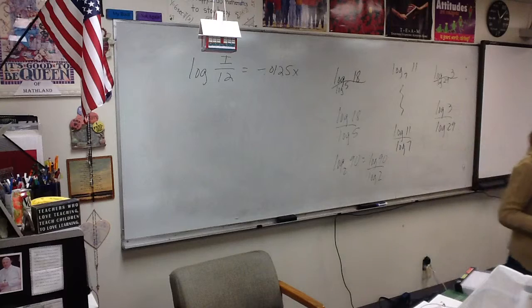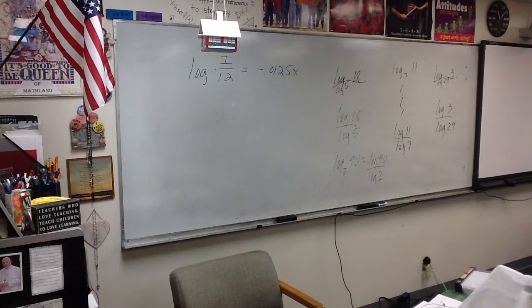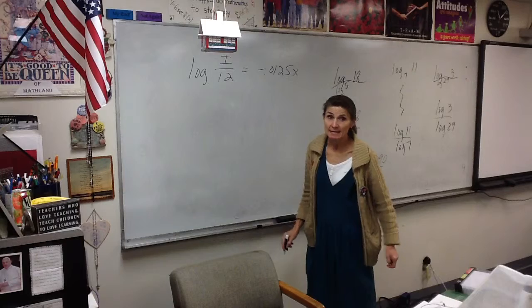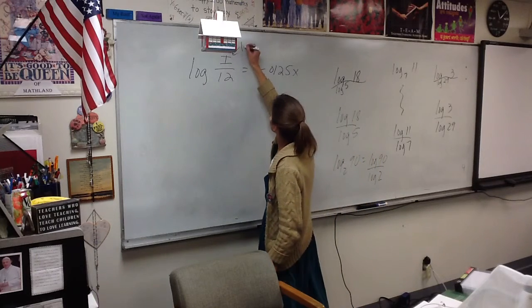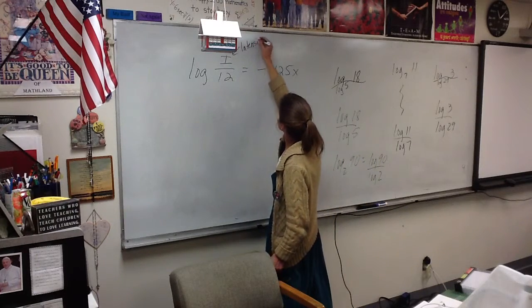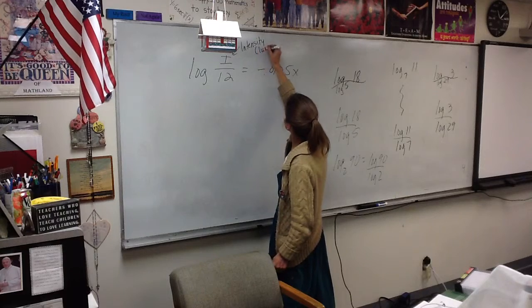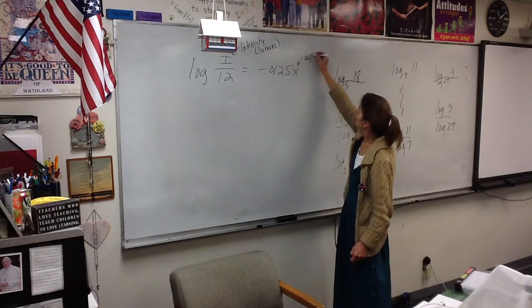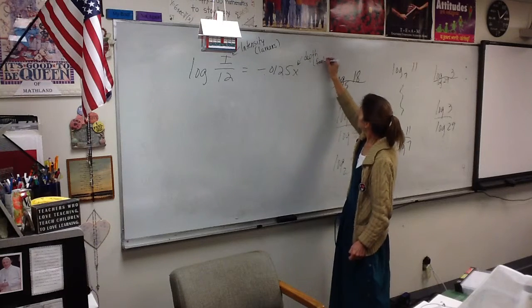There's the equation they give us to do this problem. Now, there are two variables in this equation. There's an I, which stands for intensity in lumens. And there's an X, which stands for depth in feet.